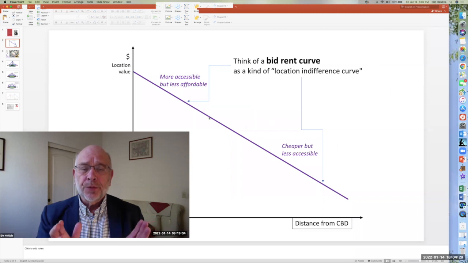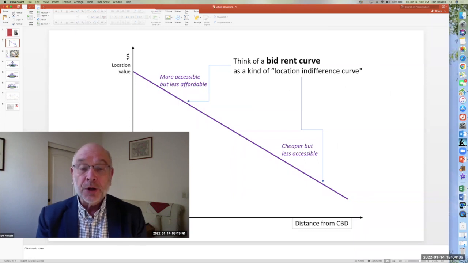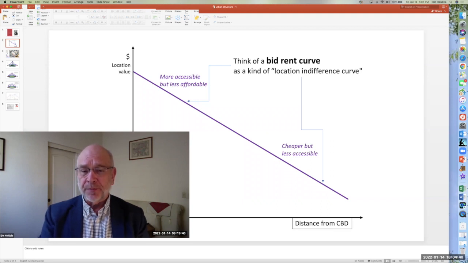But if we look at how this model would function with that premise, with those assumptions in mind, it's interesting to see that this slope, this gradient, a bid-rent curve with a gradient sloping down as it moves away from the CBD, the central business district, is the result of identical individuals.